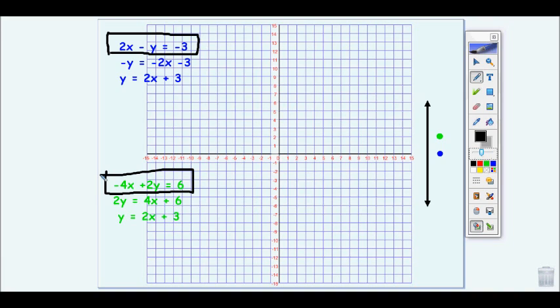I added 2x to both sides, and then I had a negative y, so I multiplied everything by a negative. After doing so, I have the blue equation in slope-intercept form, so it's ready to be graphed. Start with the y-intercept at 0, 3, and then I'm going to apply my slope up 2 over 1.